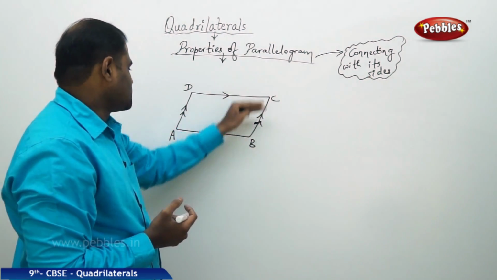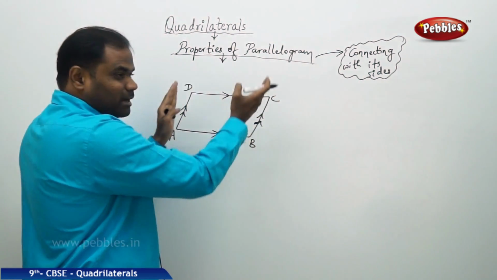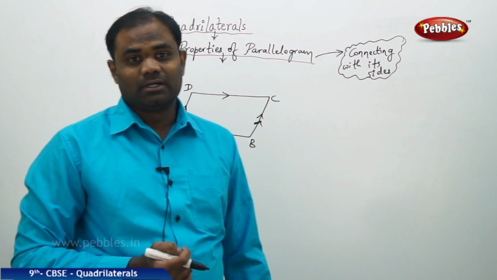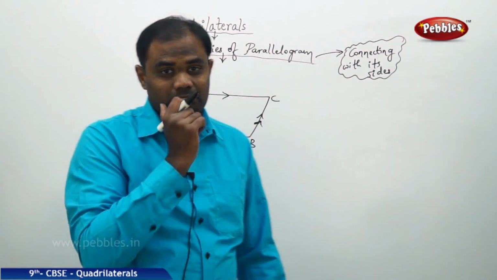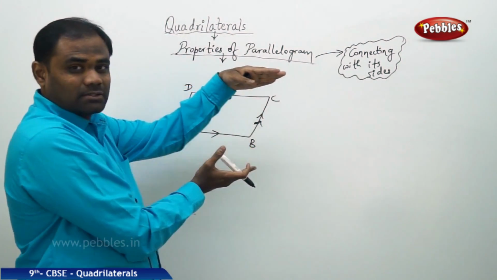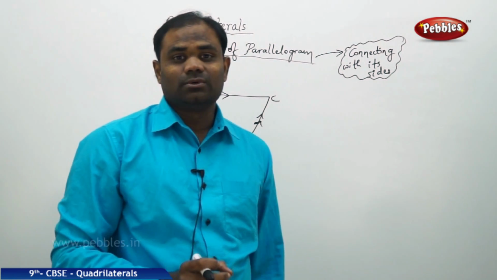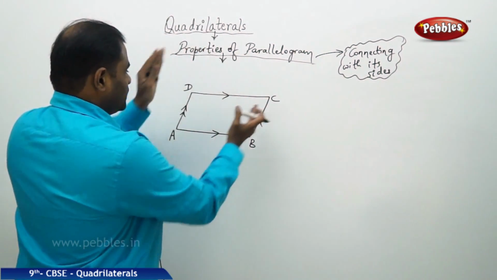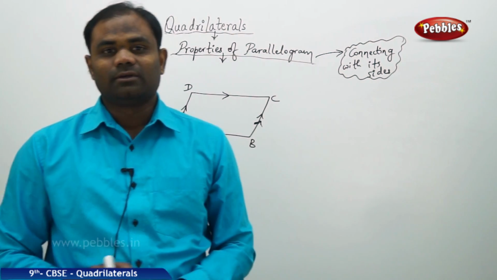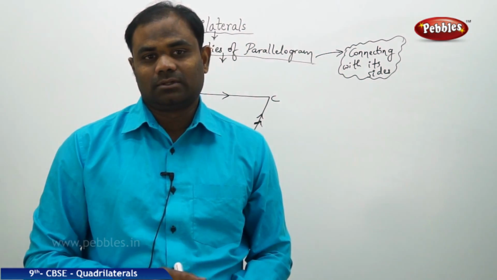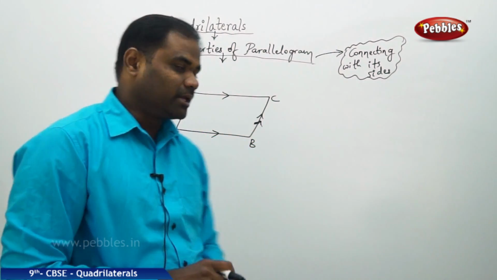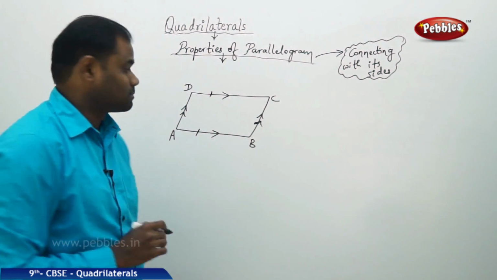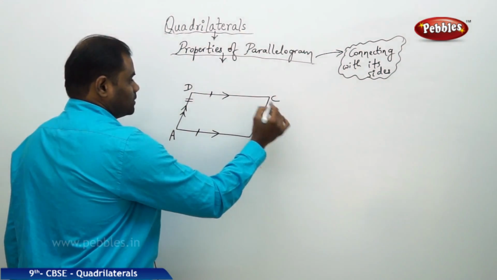But this is again bounded by two more parallel lines, where again there is an equal distance between them. So a parallelogram is a closed region bounded between pairs of parallel lines. The pair of parallel lines makes a bounded region where the lengths are equal. So this side must be equal to this, and this side must be equal to this.